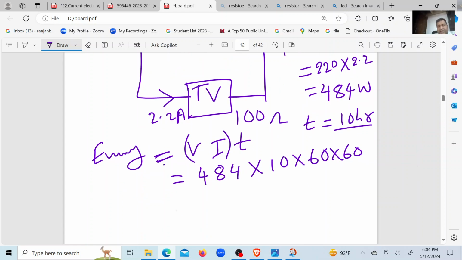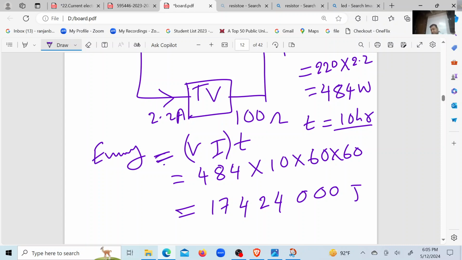Okay, energy has a unit joule, so if you want the answer in joule, you have to convert the time into second. So the answer is 1742000 joule. The value is too big, right?